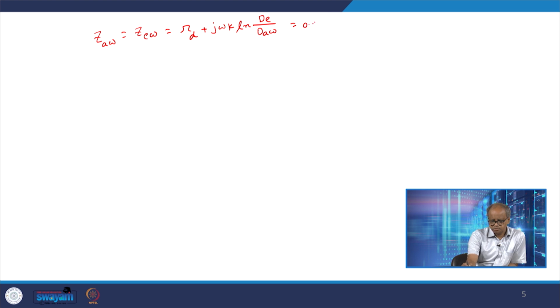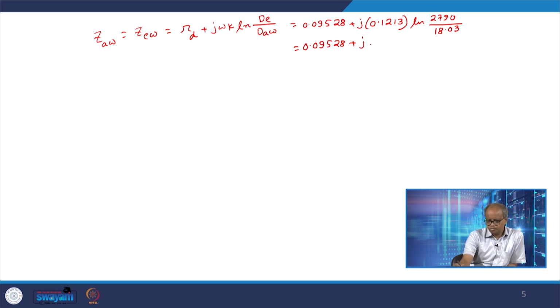So Rd is 0.09528, j omega k is 0.1213, then log of 2790 divided by 18.03, right? So that comes out to be 0.09528 plus j 0.612 omega per mile. So this is the impedance per mile.